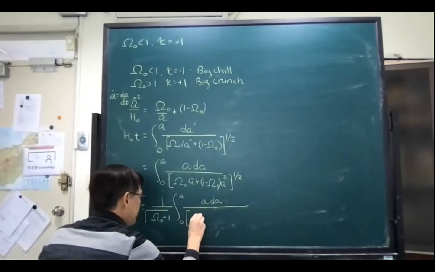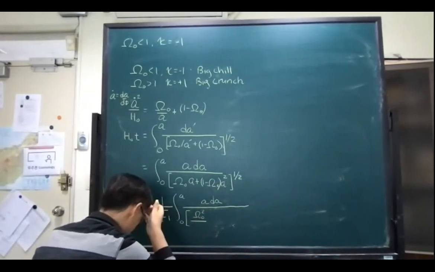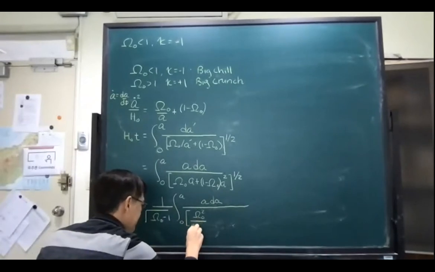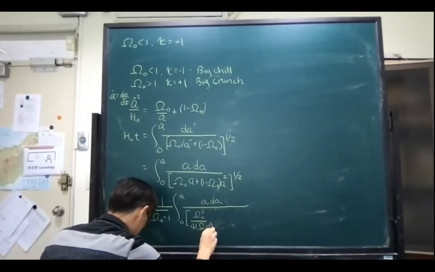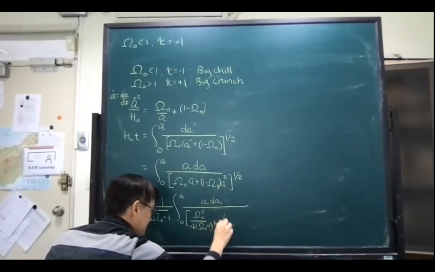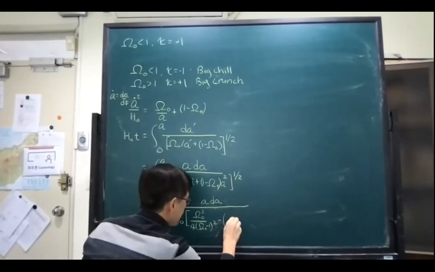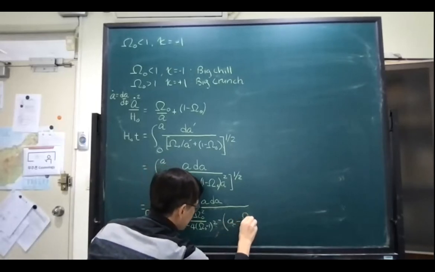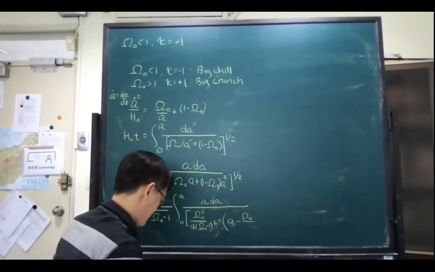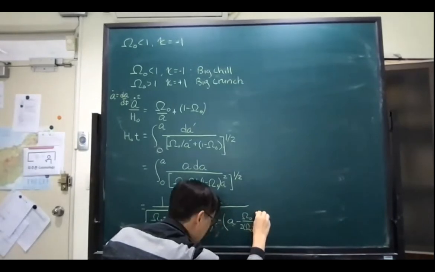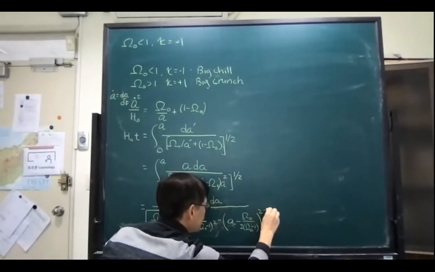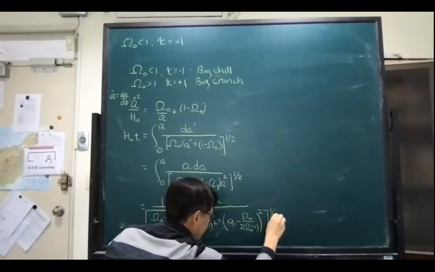So you end up with the square root of omega 0 squared over 4 times (omega 0 minus 1) squared, minus (a minus omega 0 over 2 times (omega 0 minus 1)) squared.